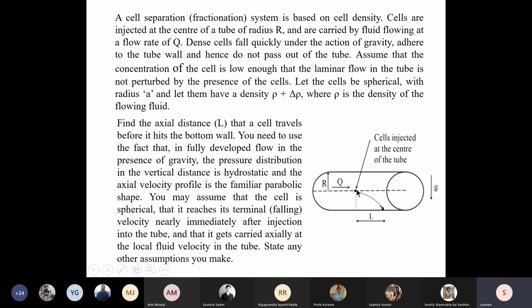So at any point, the cell is going to have a vertically downward component of velocity and a horizontal component of velocity. The horizontal component keeps on changing as we move towards the tube wall.